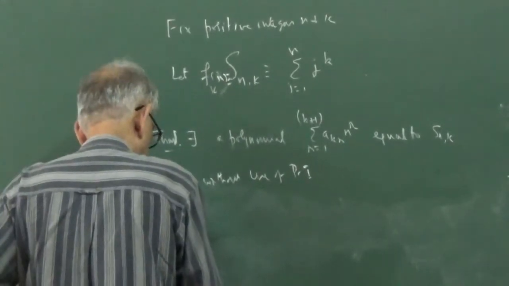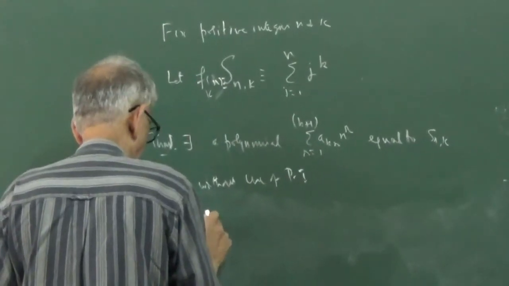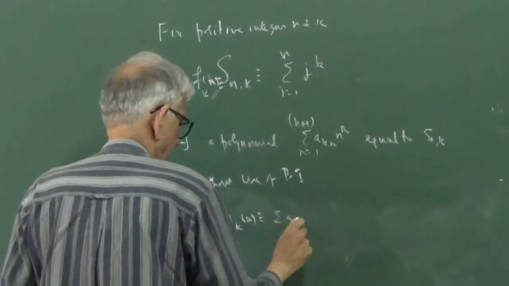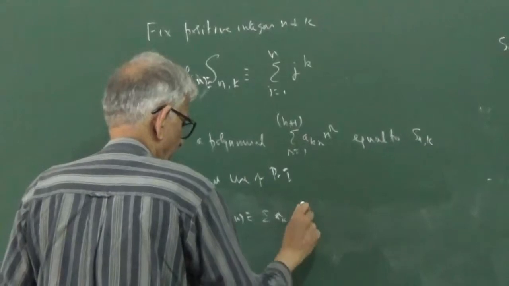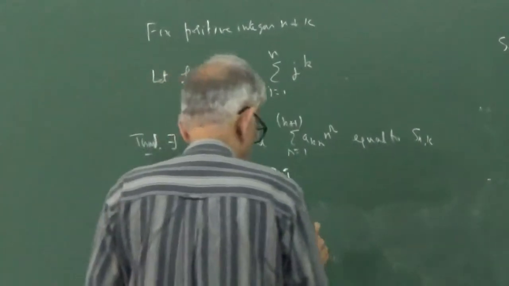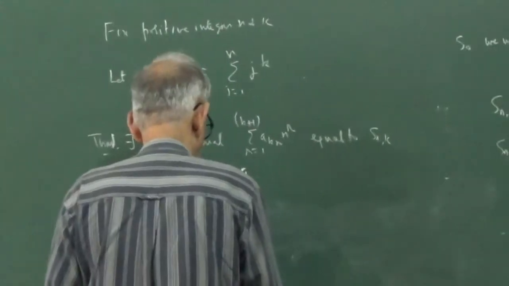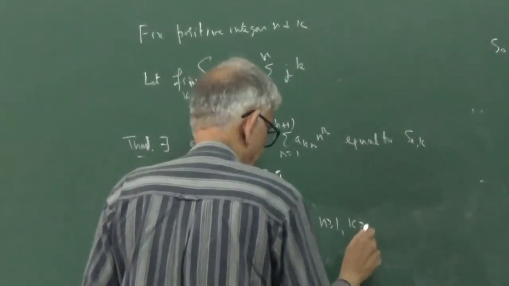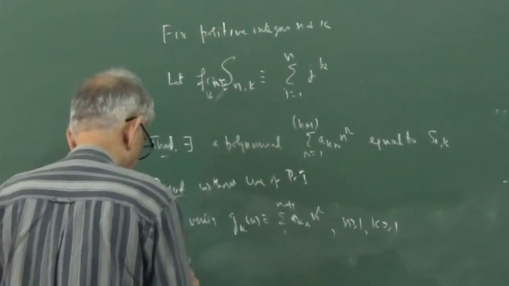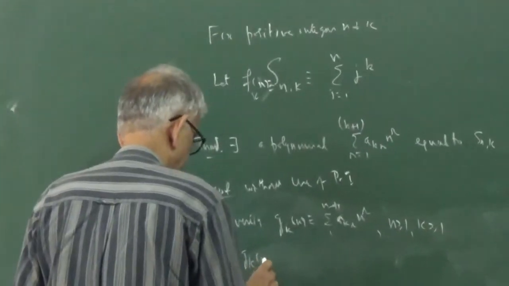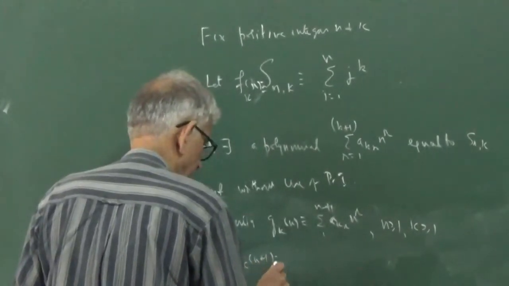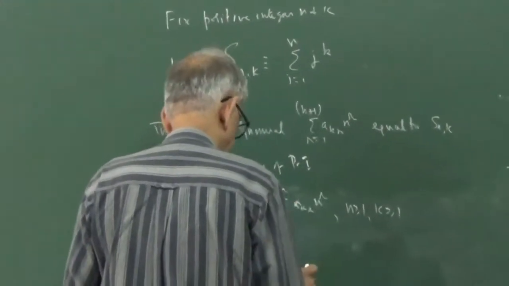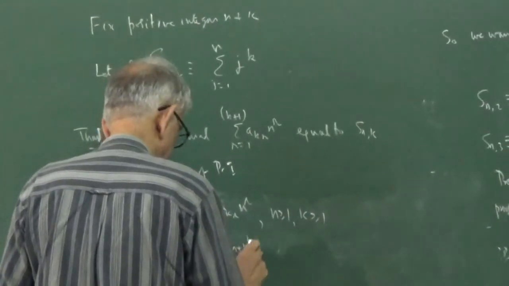Then we'll verify there exists a g_k of n equal to summation a_kr n to the power r, r equal to 1 to k plus 1, which will satisfy, for n greater than or equal to 1 and k greater than or equal to 1, that g_k of n plus 1 is equal to g_k of n, up to n, plus n plus 1 to the power k.